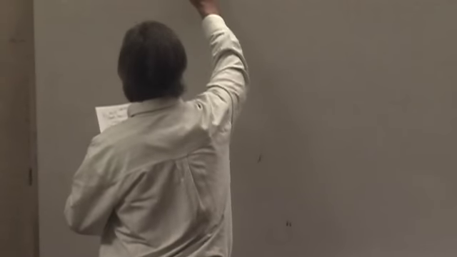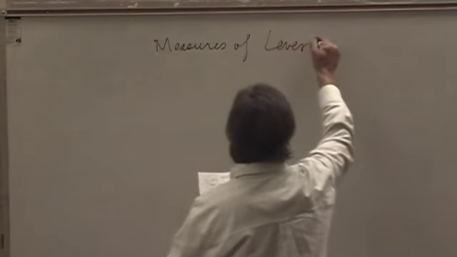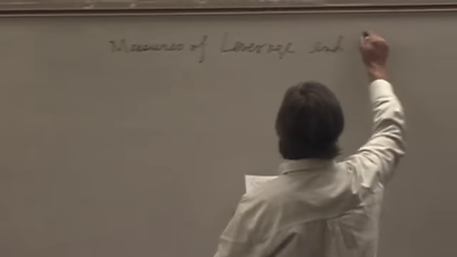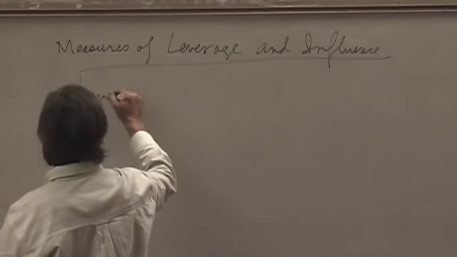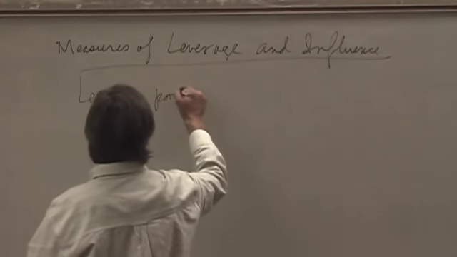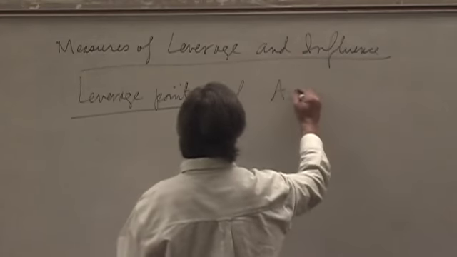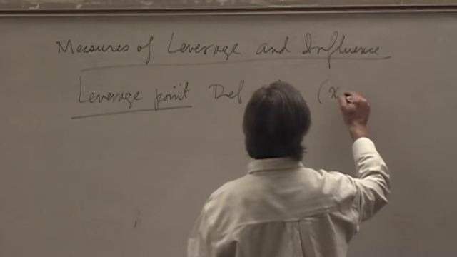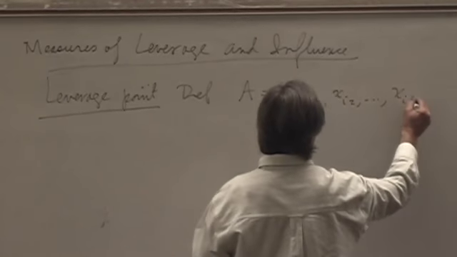And it goes like this. A leverage point is a point A equals xi1, xi2, xik, comma yi. That's the point in the scatter diagram, right?